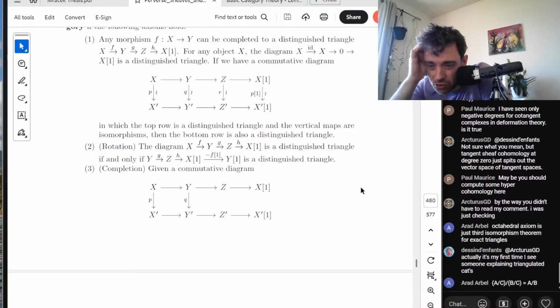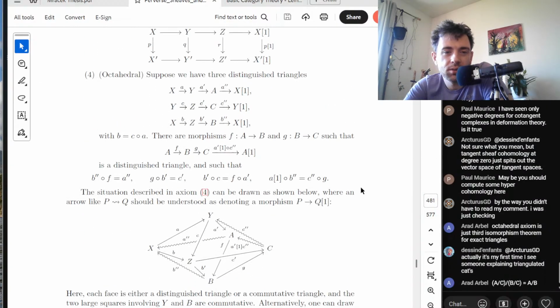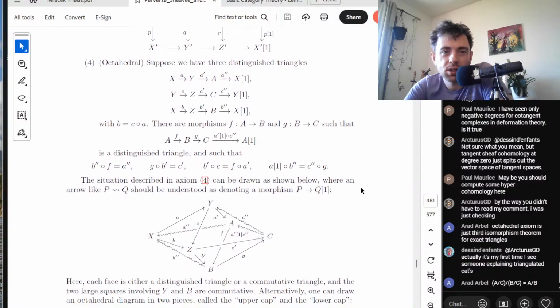The octahedral axiom is just the third isomorphism theorem? Oh, really? I'm going to have to meditate on that. Let's see. Maybe I should meditate on that in private. A over C, B over C. Right.